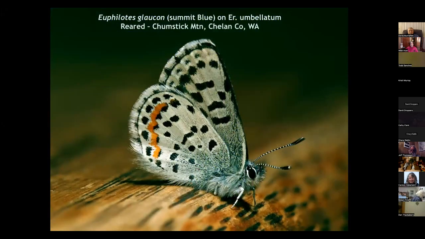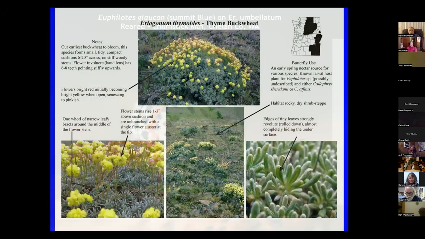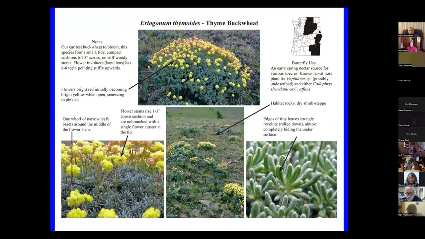Summit blue glaucon may or may not be a valid species for Washington. It's a pretty little butterfly, regardless whatever the outcome is going to be on that. And thymoides. This is a beautiful, compact little buckwheat.